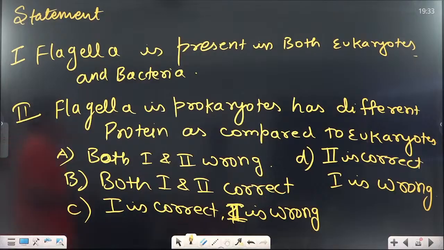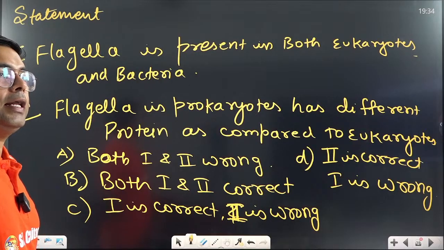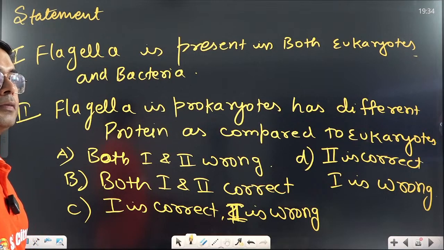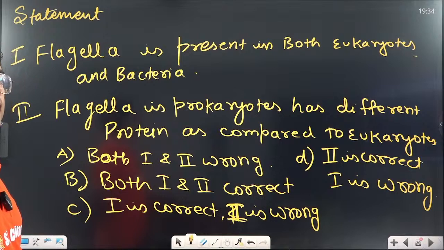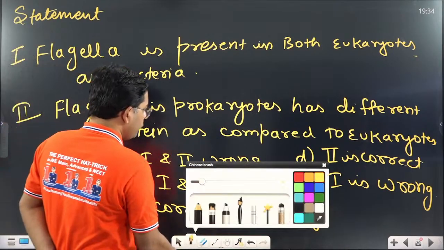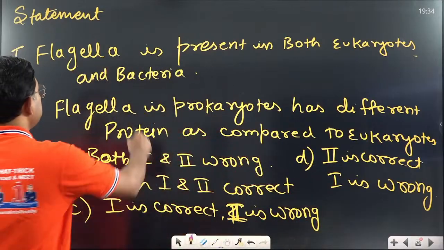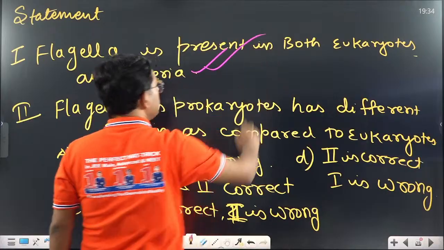Already many of you are answering. Pooja, Ranga, Geeta, Khalil, Lashya, Anivesh, Reshma, very good. So all of you are telling option number B. So flagella is present in both prokaryote and eukaryote.